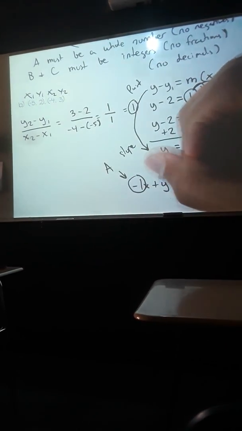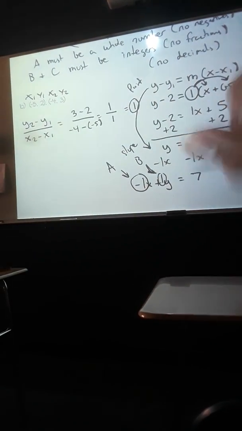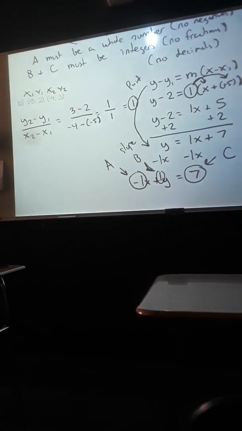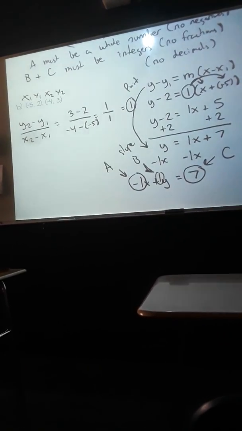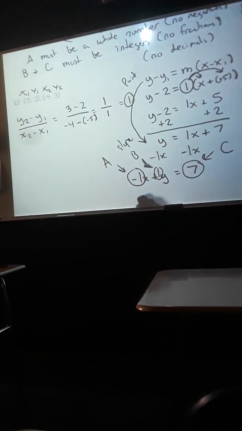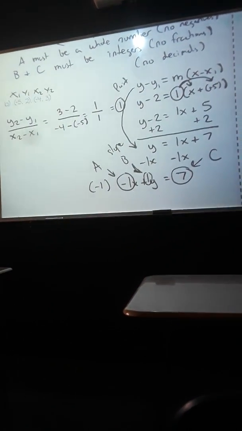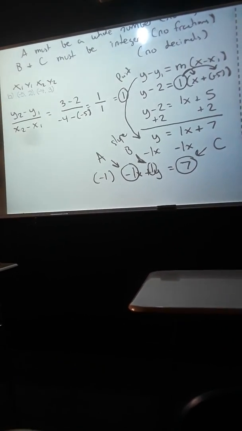Our b right now is positive 1, and our c is 7. Our a is what's messing us up right now. So in order to get rid of this negative 1, we're going to multiply everything by negative 1. So to get rid of a negative, you multiply by a negative.